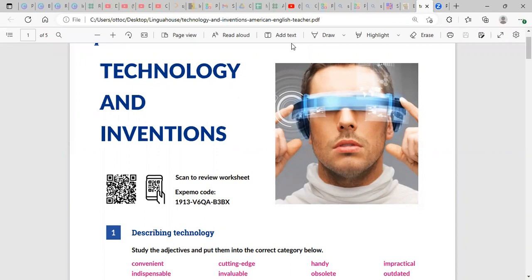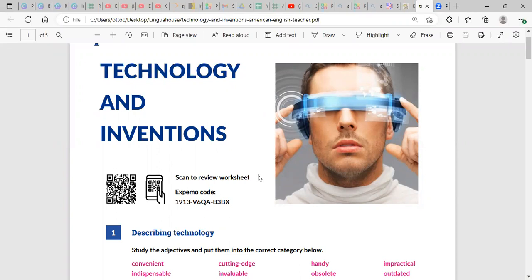Maybe the cell phone is convenient for me, for the company. And when we have an old code, with another version of the SDK, we can say that it is impractical for the moment when you write the code, and we can use other adjectives in the other way.